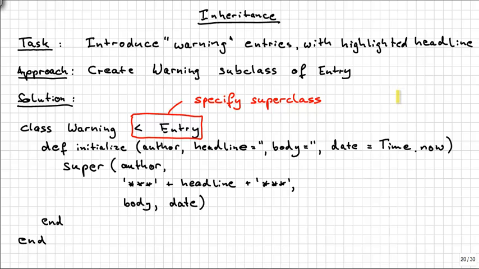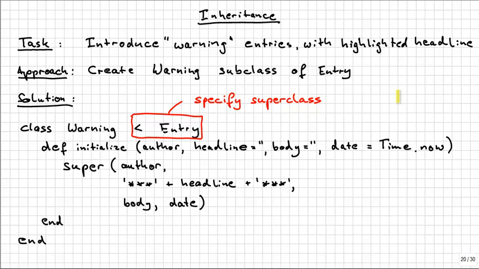Ruby also has the concept of inheritance, which allows us to specialize classes and their behavior into subclasses with possibly new instance variables and class variables, as well as methods that are specialized for that subclass.